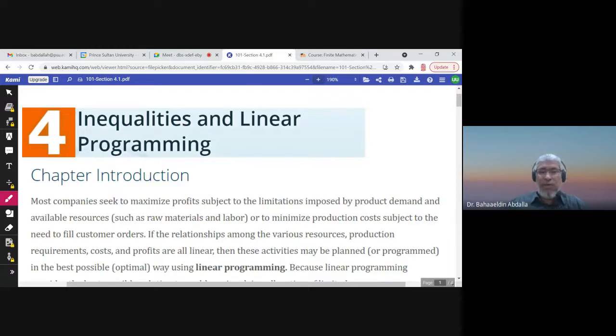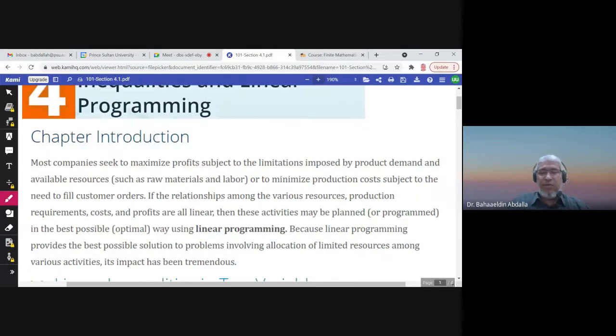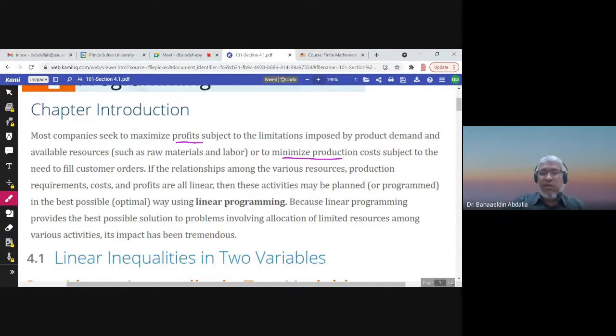Chapter 4 is about inequalities and linear programming. Maximizing the profit and minimizing the cost is something most companies seek to do.